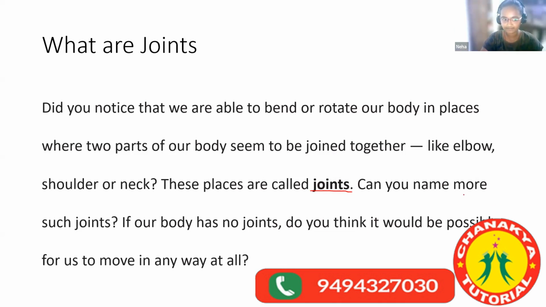Can you name more such joints? Elbow, neck, shoulders. Other than them in the slide. Ankle. Yes, ankle is a joint. Any more?